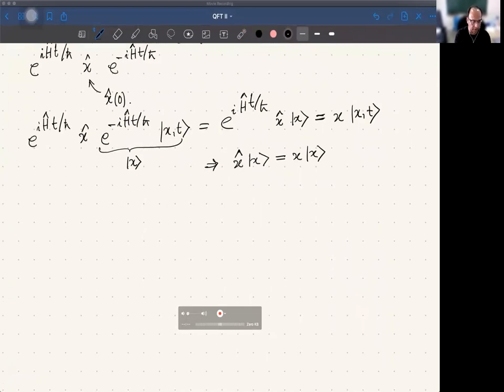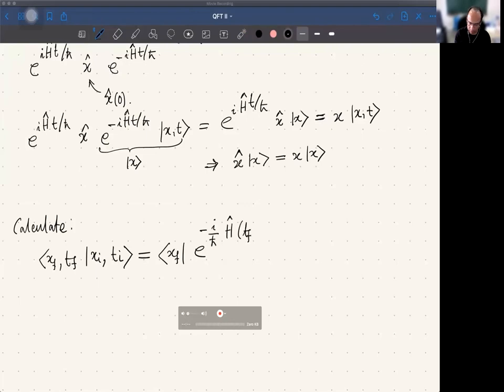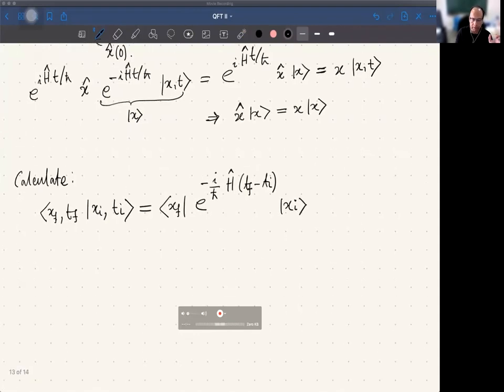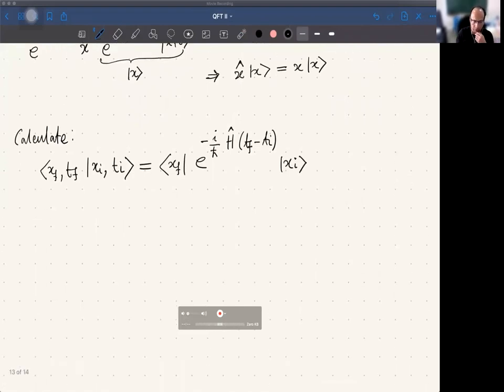You can use the same time evolution operator to calculate the matrix element. So calculate the matrix element x_f t_f x_i t_i, which equals x_f e to the power minus i over h bar H (t_f minus t_i) acting on x_i. Then t_f minus t_i can be written as n times epsilon, where n is large and epsilon is going to zero.